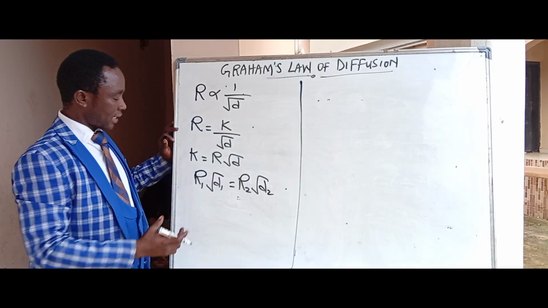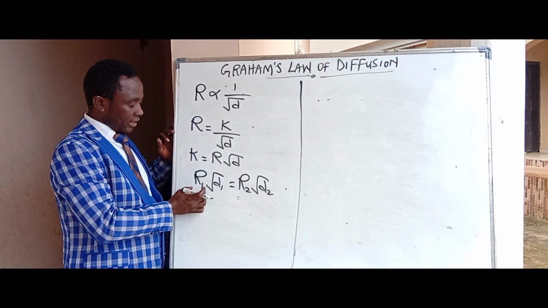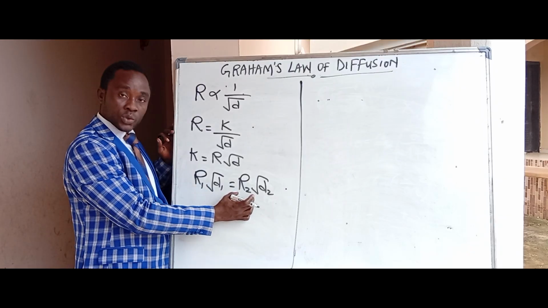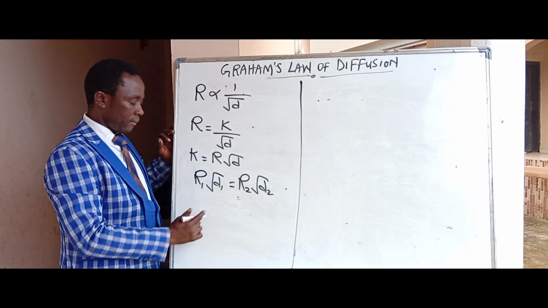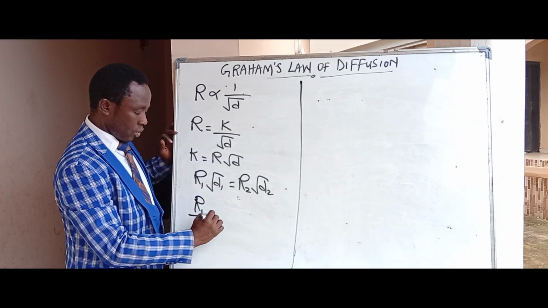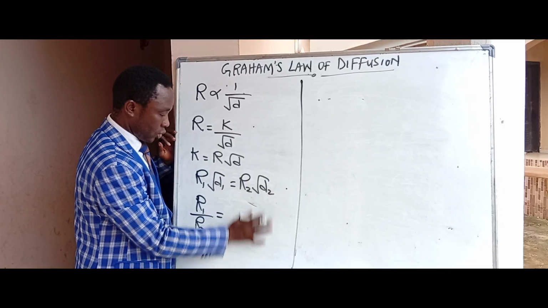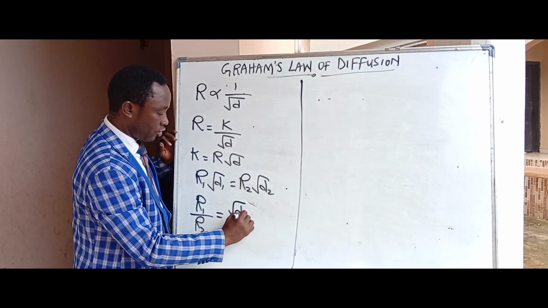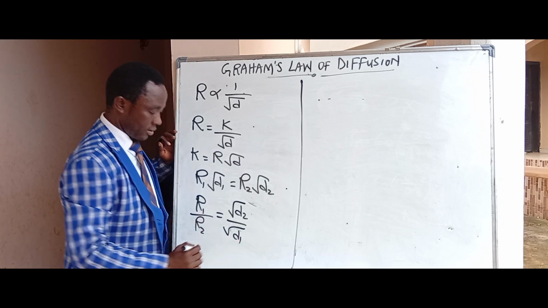If I take the ratio R1 divided by R2, it will be equal to the square root of D2 divided by the square root of D1.